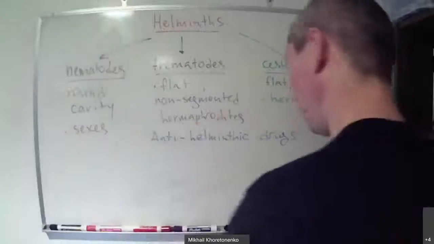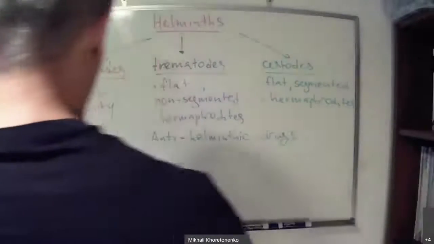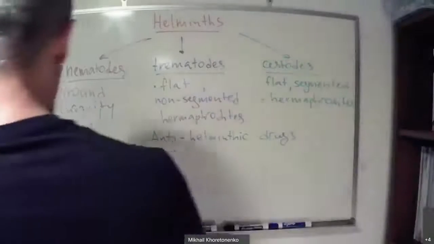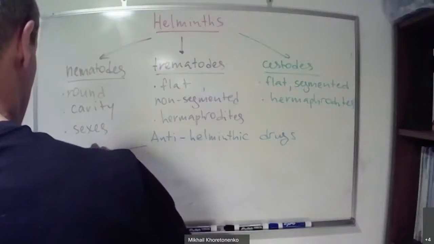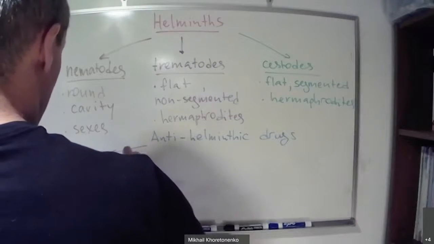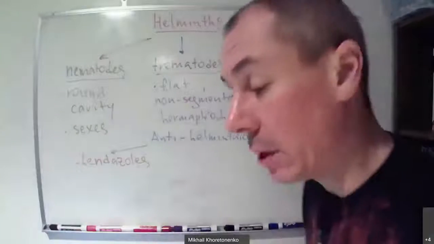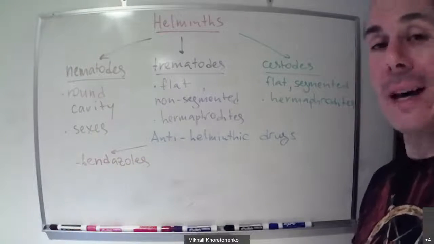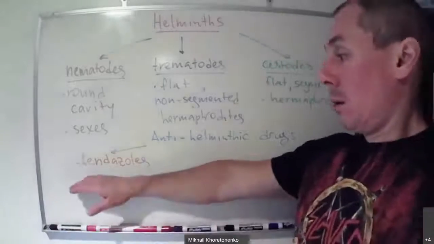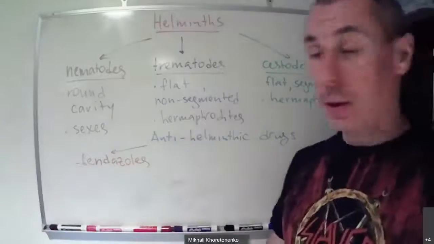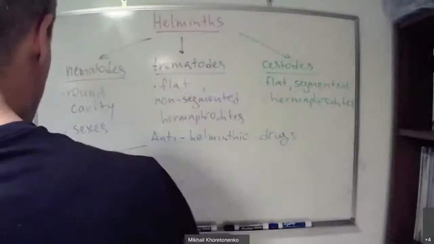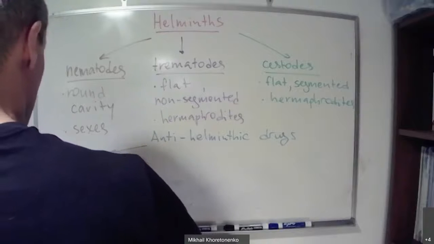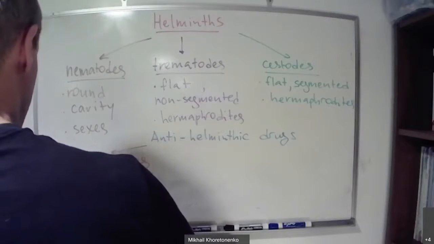Now, the first group will be what I personally call bendazoles. You have some examples in the lecture notes, like mebendazole, albendazole, thiabendazole. So basically, if you see bendazole, you know what the drug is. And the mechanism is that bendazoles inhibit microtubule synthesis.